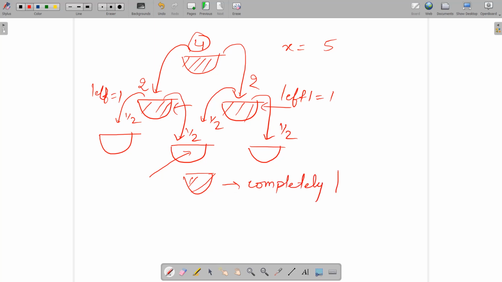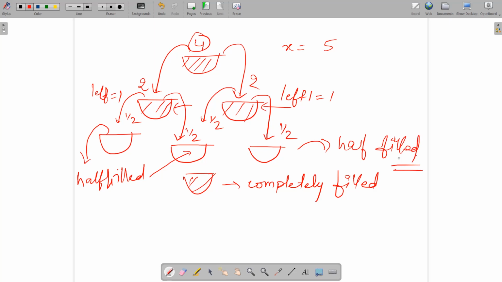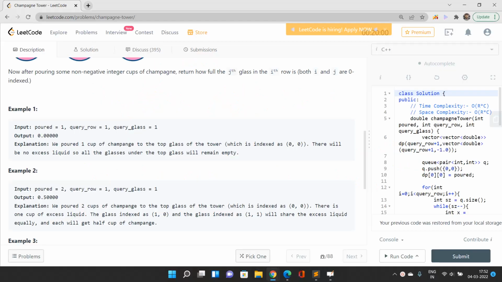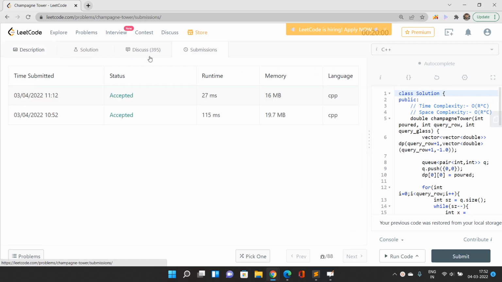You need to actually return the ratio, and I will tell you how we are going to do that. And here it is half filled, and here it is also half filled. So let us understand the code, how we are going to do that.